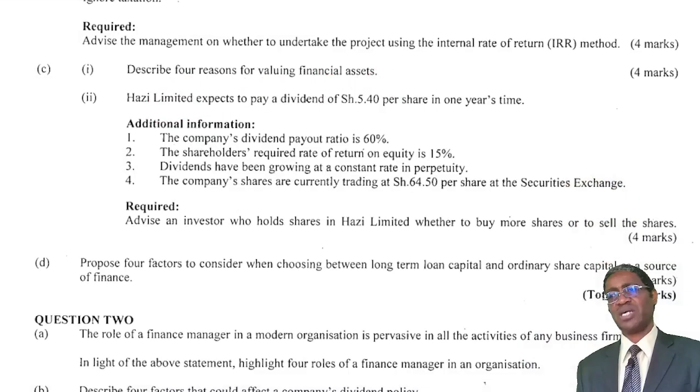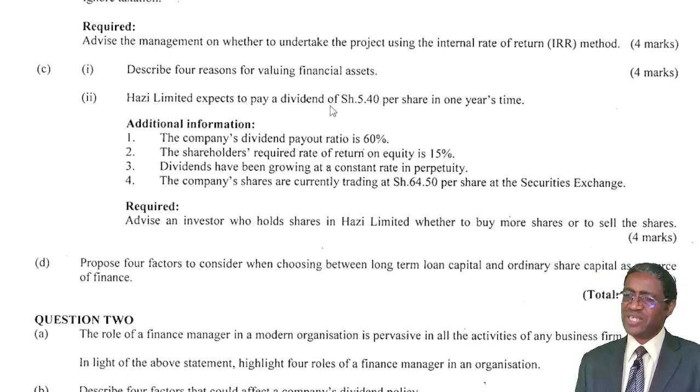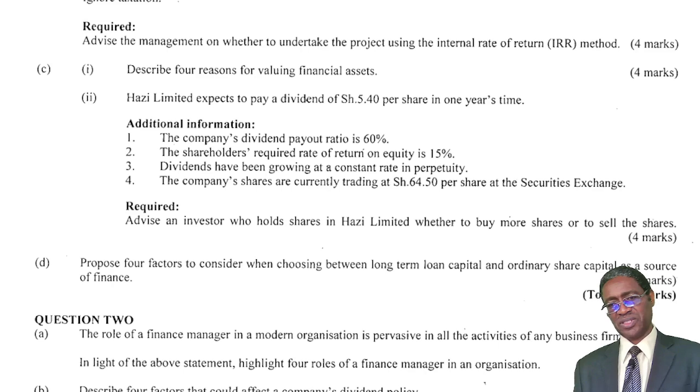Let me take you back to the start of the question. Roman 2. It says, Hazi Limited expects to pay, not that they have paid, expects to pay a dividend of 5.4 in 1 year's time.